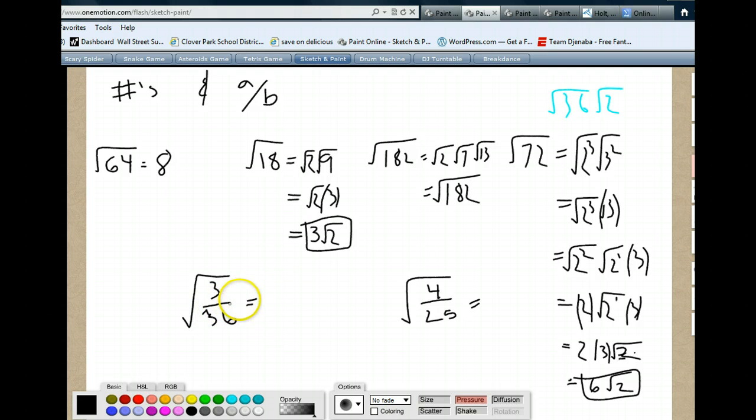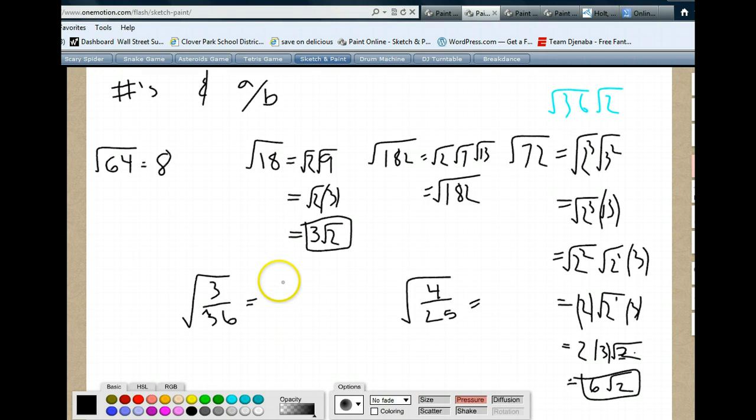And if you reduce your fraction, in this case, let's not reduce the fraction because you'll get into simplifying or rationalizing the denominator, and that's not the point of this lesson.